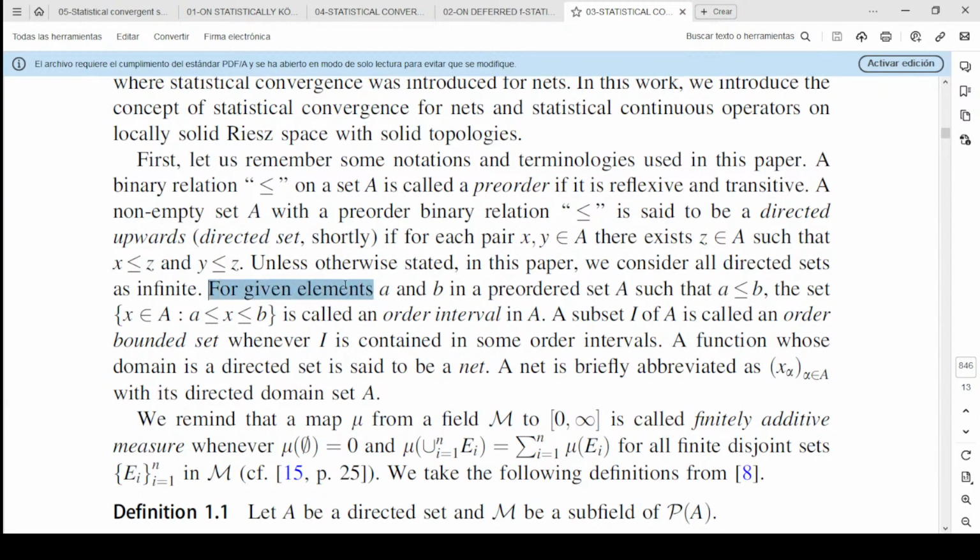For given elements a and b in a preordered set A such that a is less than or equal to b, the set of x's from A that lie between a and b with this preorder relation is called an order interval in A. A subset I of A is called an order bounded set whenever I is contained in some order interval.